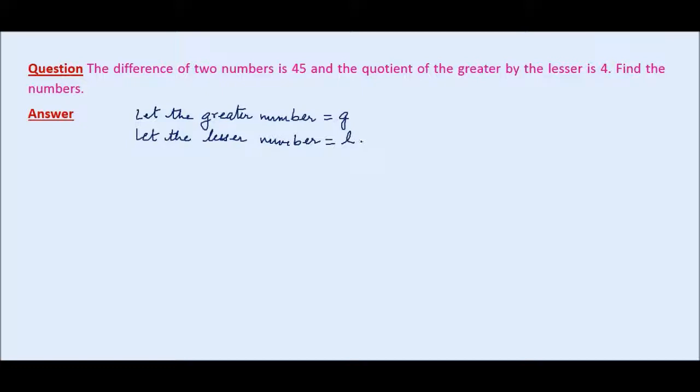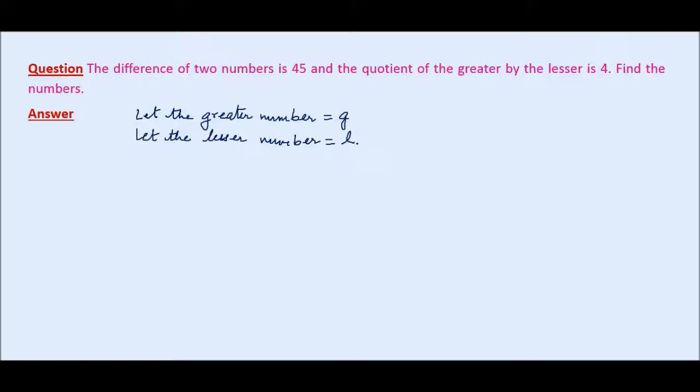You often get confused because X will never say what it stands for, whether it stands for the greater number or the lesser number. But as soon as you see this variable G, you will understand that this represents the greater number and L represents the lesser number. So I would strongly advise you to take variables which will give you some hint regarding what they stand for.